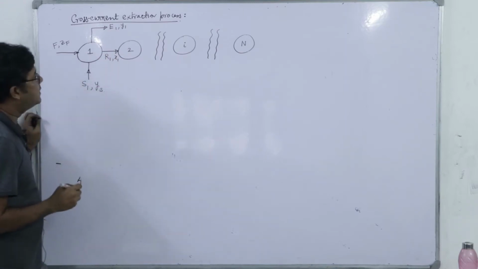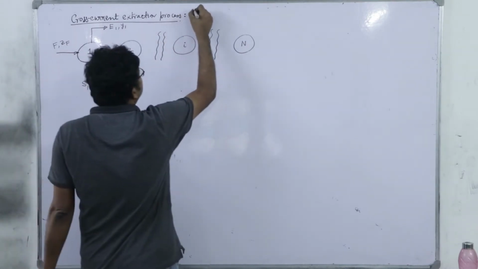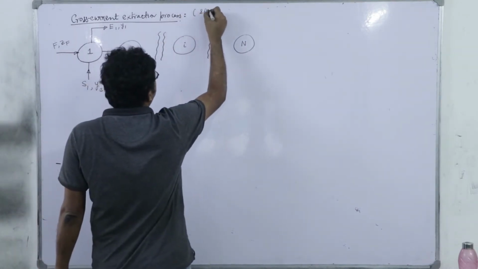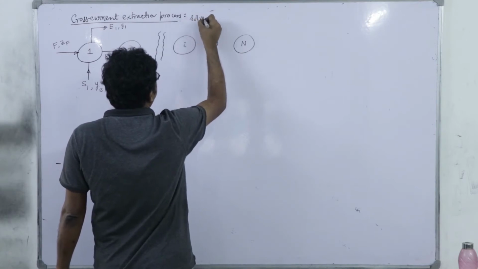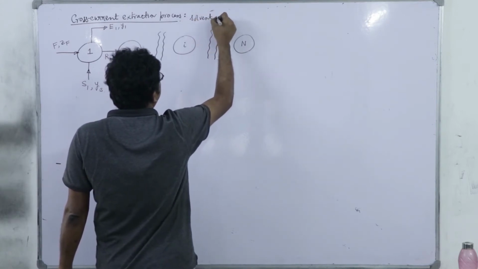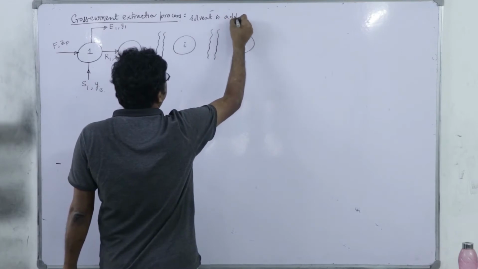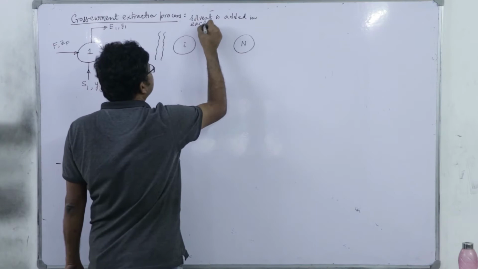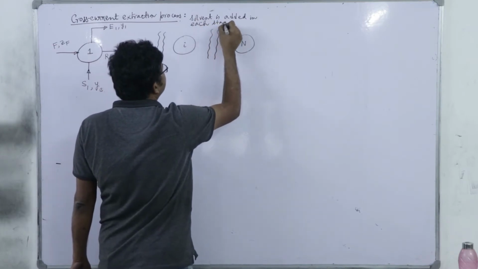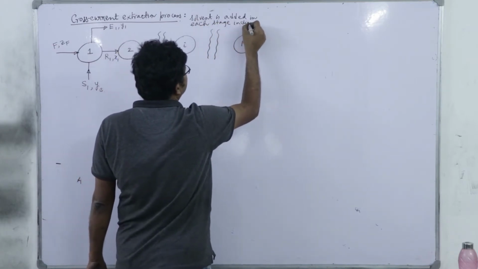So, the raffinate is R1, X1. What is the specific characteristic? First, the solvent is added in each stage individually.